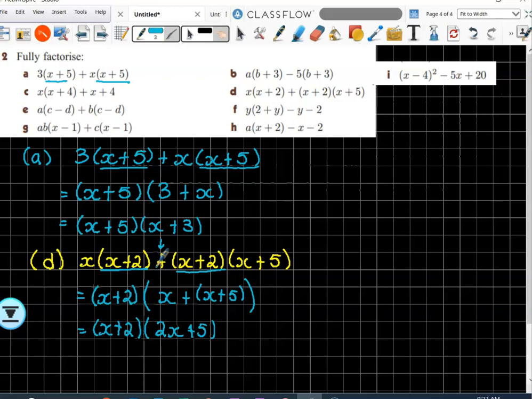Now, you also asked about H, and I can see why, even F. F and H are pretty similar. Why do you think people asked about those two? Yeah, there's a negative, and it doesn't look like there's a common factor, does it? Right, there is a common factor. The common factor is minus 1.